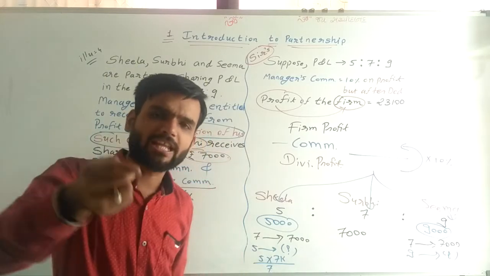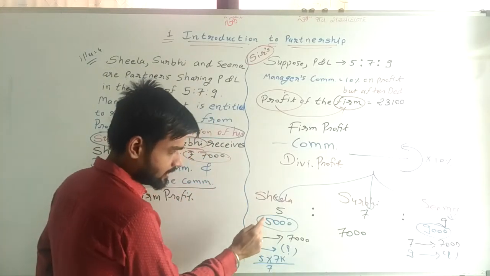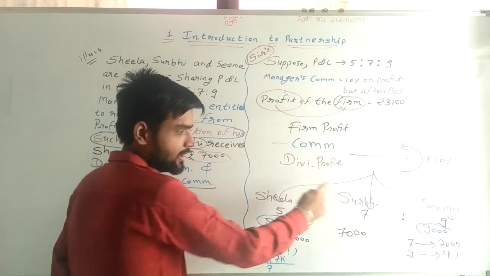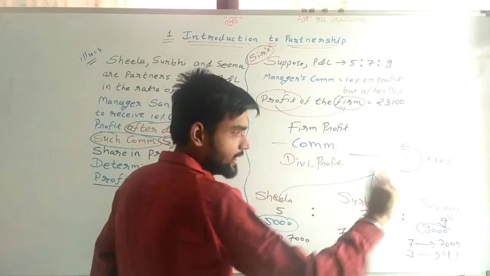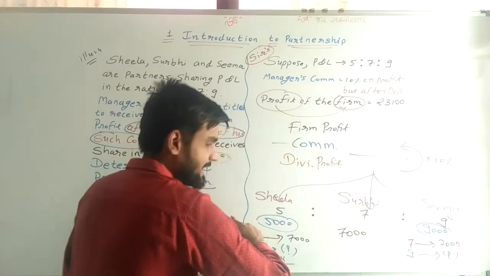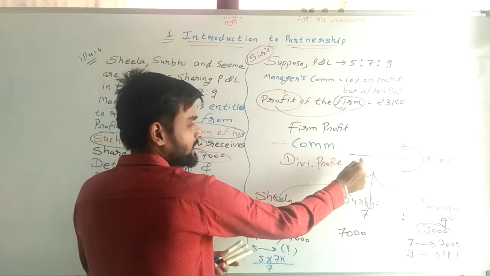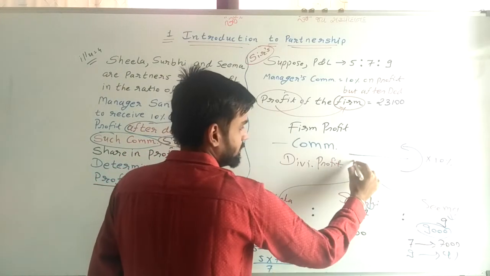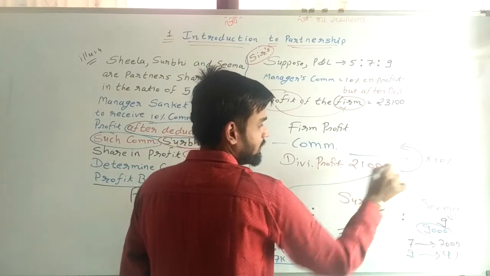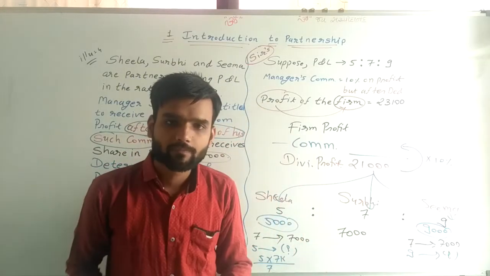Now if we make the total of these three profits, Sheila's profit 5,000 plus Surbhi's profit 7,000 plus Seema's profit 9,000, we get 21,000 rupees as divisible profit.